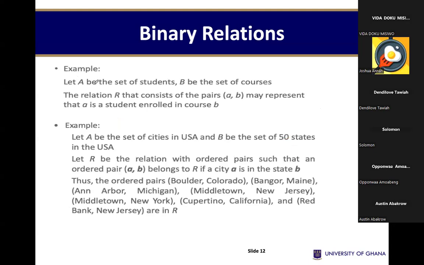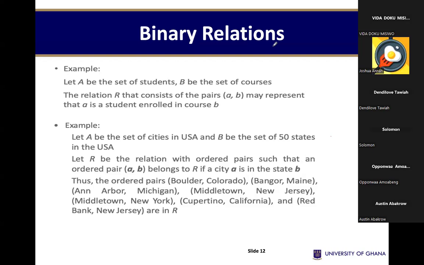Let A be the set of students, B be the set of courses, right? So you are my students, level 100 students reading distance, BSc IT. And then there are courses you are doing, like Introduction to Computer Science, Mathematics for IT Professionals, and the other courses you're doing.